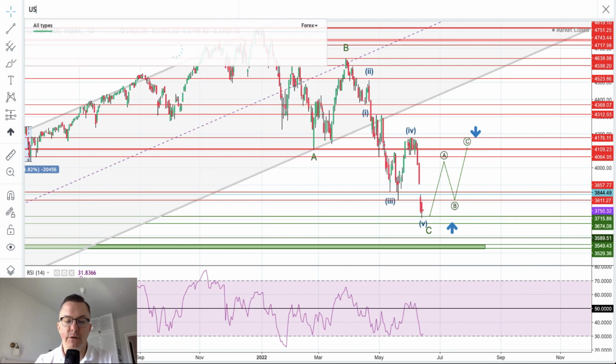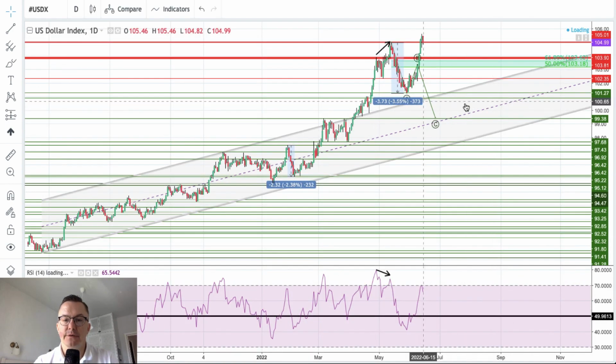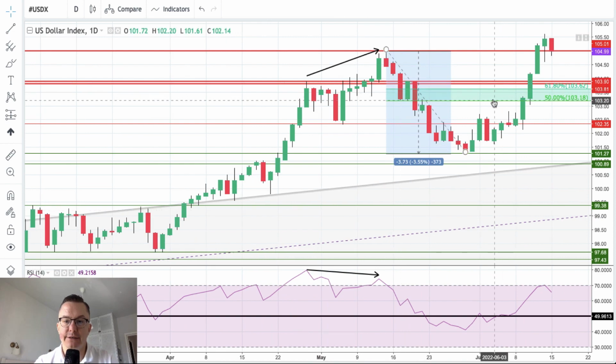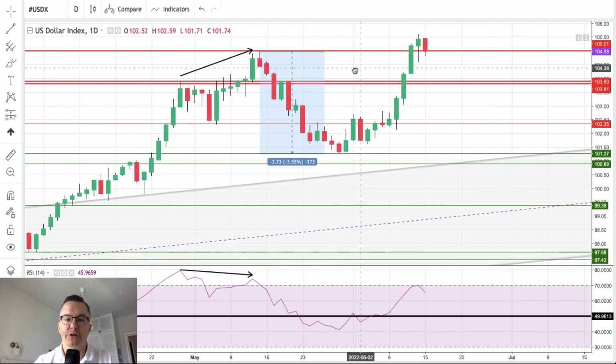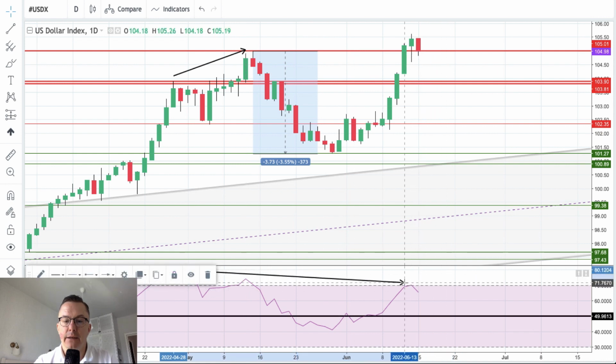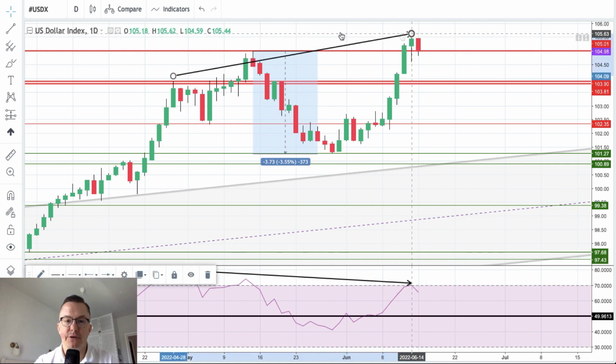What is going on then with the US dollar index? Very much related to, of course, the policy of the Fed. We have made another higher high on the US dollar index. We traced all of these Fibonacci levels. A new high was made at 105.62, and this high is again made on lower momentum, which means this is another bearish divergence.